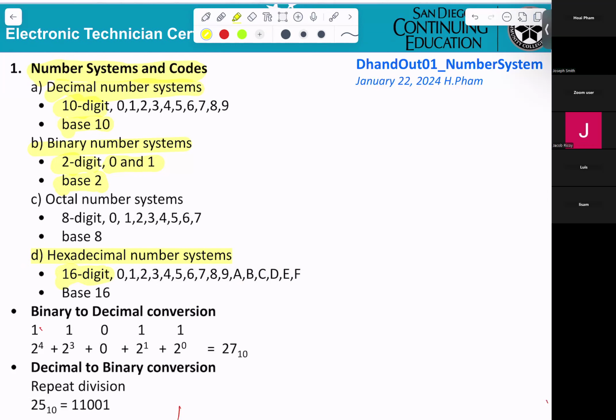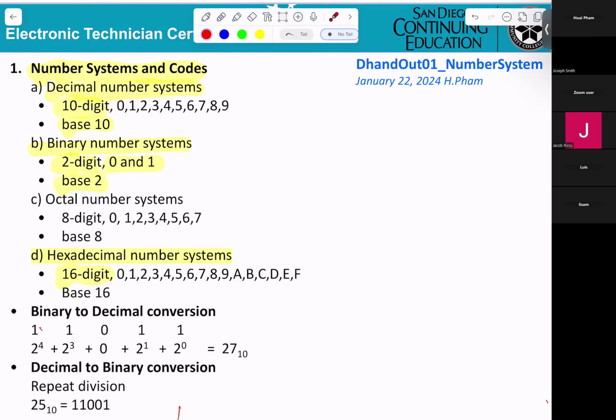That means they can go 0, 1, 2, 3, up to 9. Then you get A, B, C, D, E, F. If you count, that will be 16.